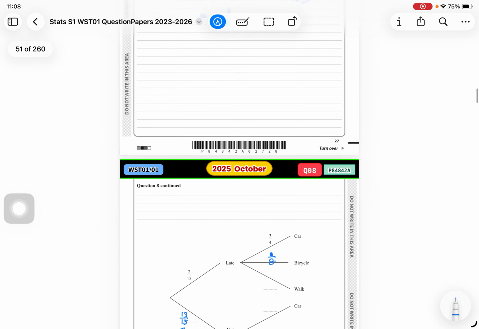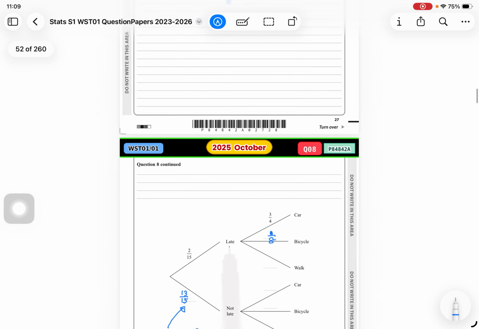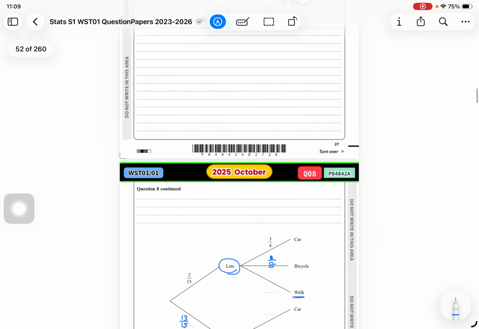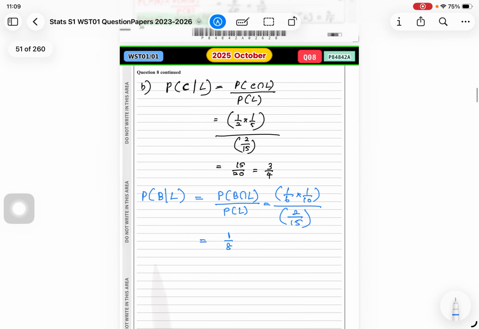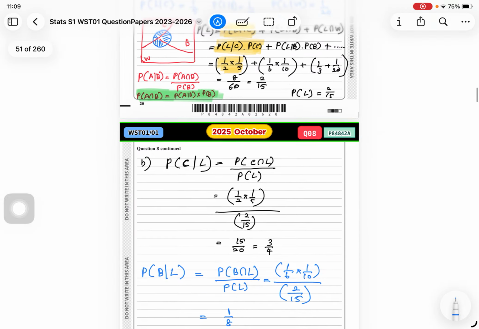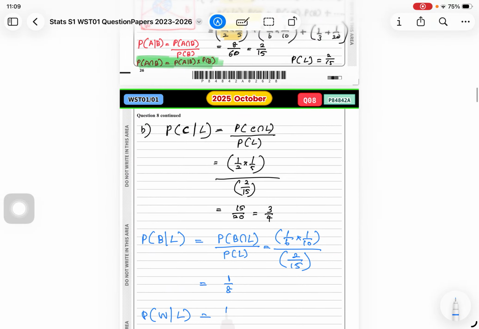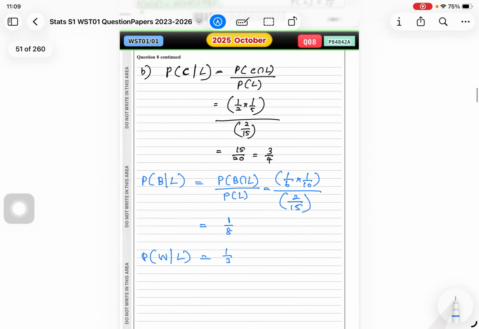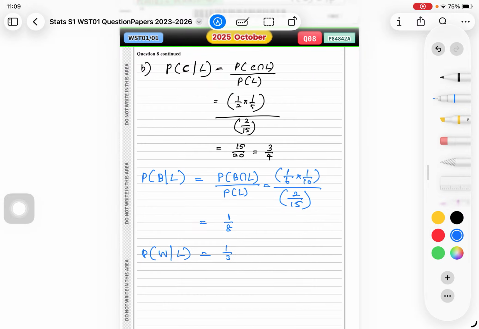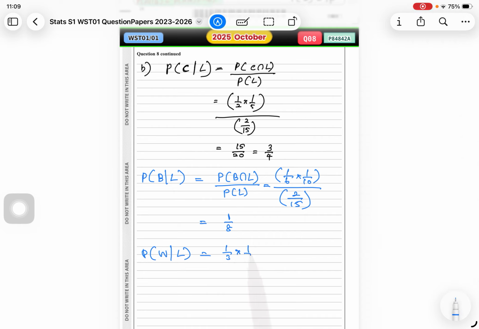Then you're already late and you're walking. So probability of walking when you are late, similarly, is 1 over 3 times 1 over 2 over 15. I'll write the question from the beginning because it's the same way, to save some time.